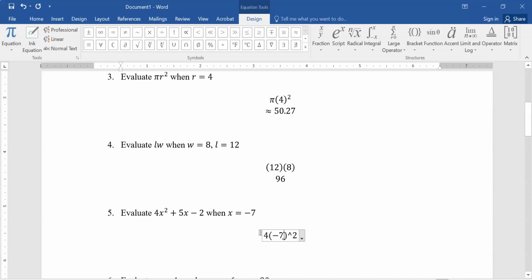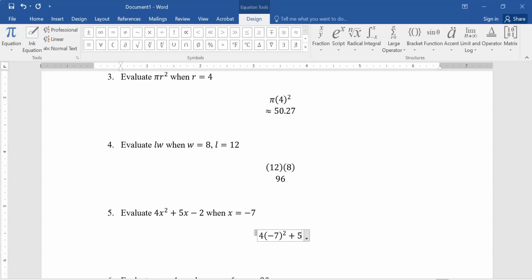If you put the caret 2 on the inside of the parentheses, it's going to give you a wrong answer. So make sure when you plug in x, the entire -7 gets squared. You do that by typing the caret 2 on the outside of the parentheses.